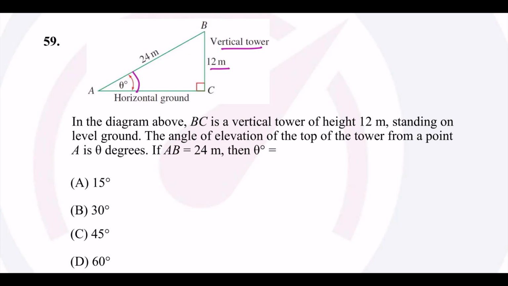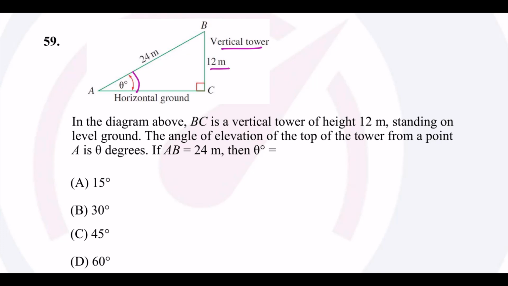The angle of elevation of the top of a tower from a point A is theta degrees. If AB is equal to 24 meters, then theta equals. Alright, so it just asks us to find the angle of elevation. Basically, just find the angle in the triangle right here that has been highlighted. Find angle A.